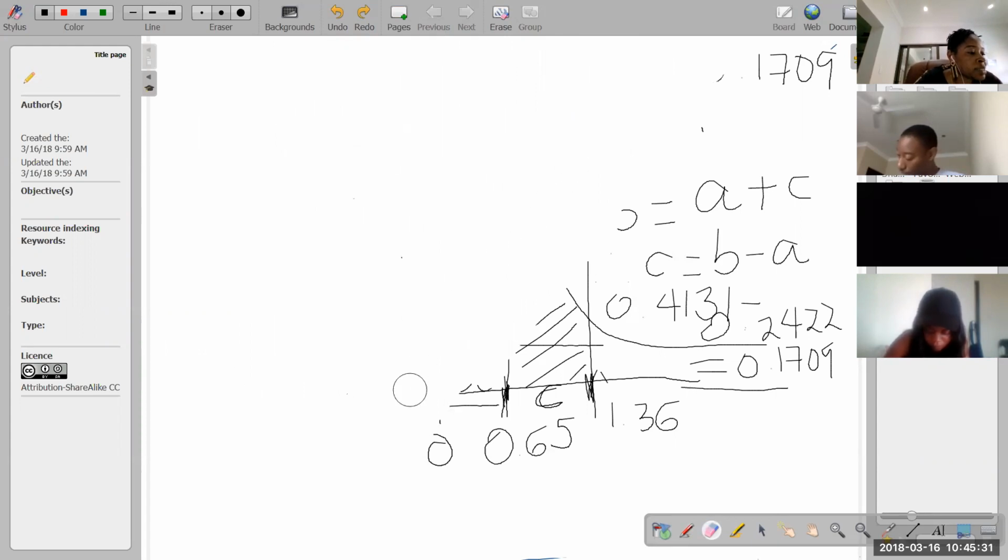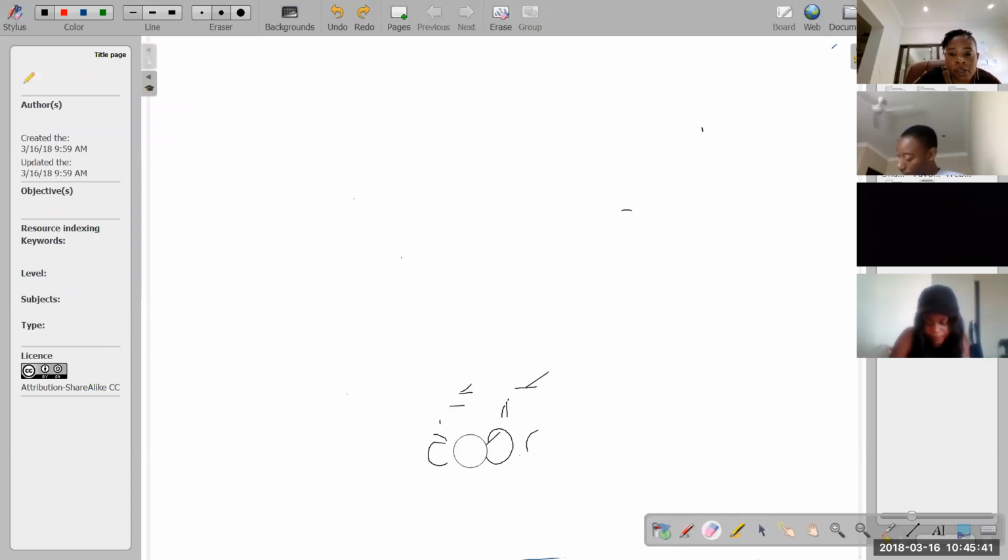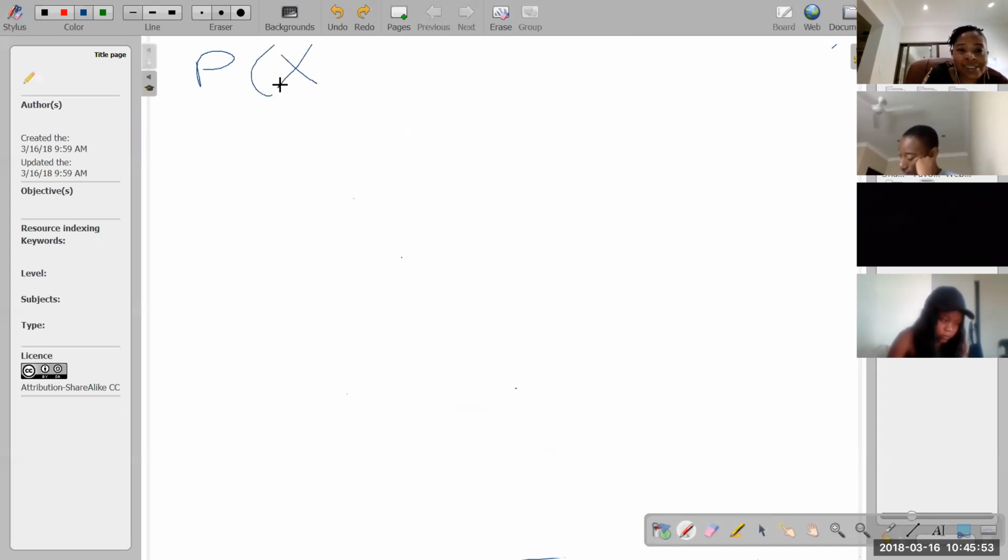What is the probability that the return will exceed 55%? So we're looking at the probability that X will exceed, that means greater than 55. That's what we're looking at.